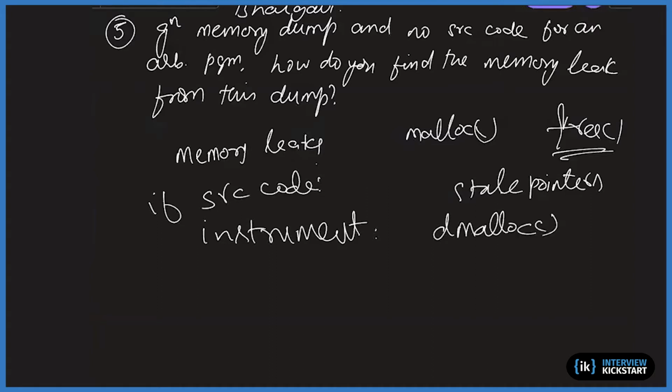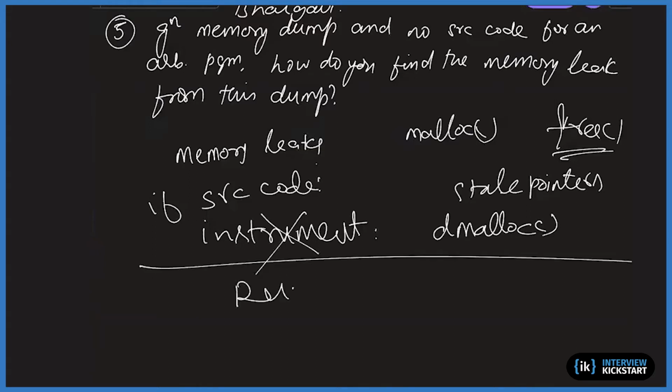Basically, it keeps track of the places where you allocate and gives you a lot more information in the dump. The basis of this question is that you don't have source code. That means you cannot do instrumenting. So then what can you do? You can only do it at runtime. At runtime, what are the options?